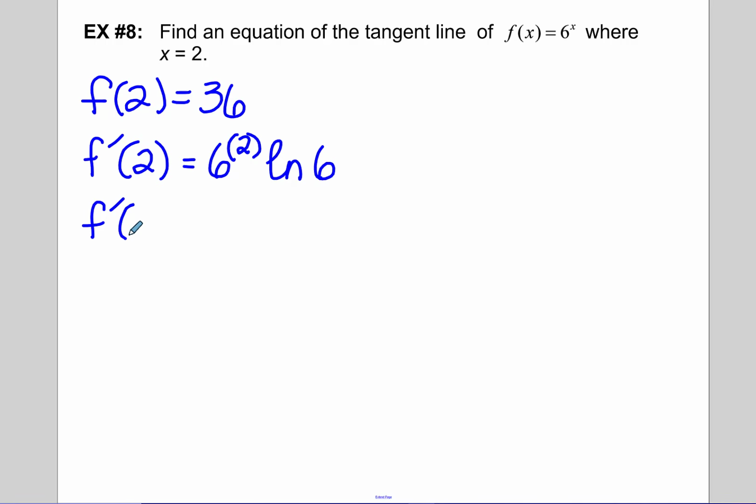And on our calculator, 36 natural log of 6 is just about 64.5033408. So big slope.